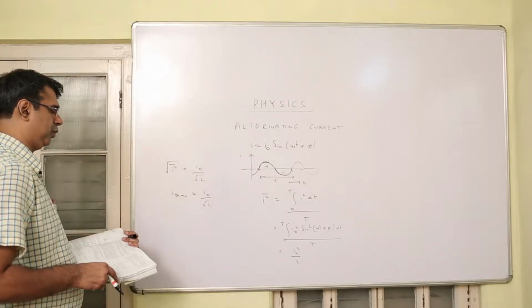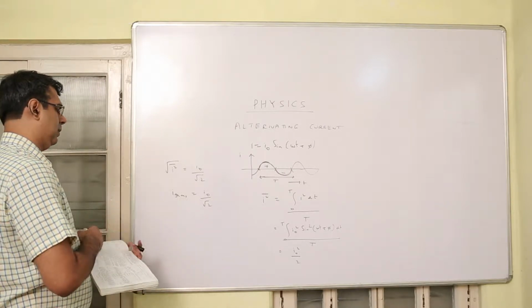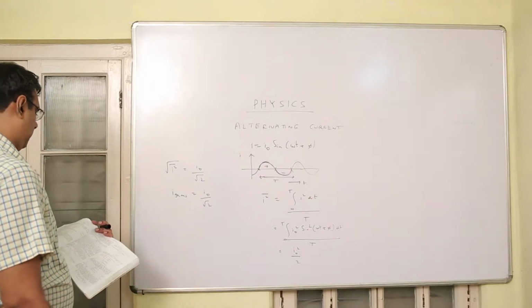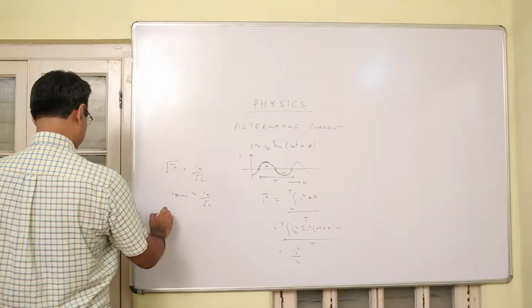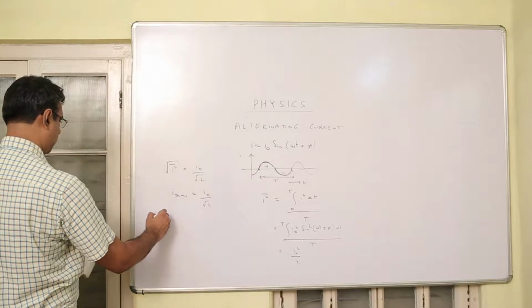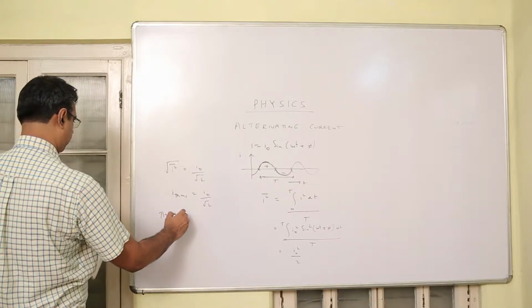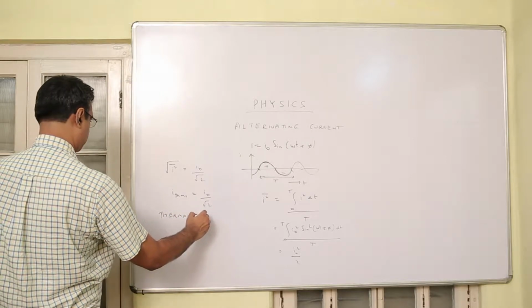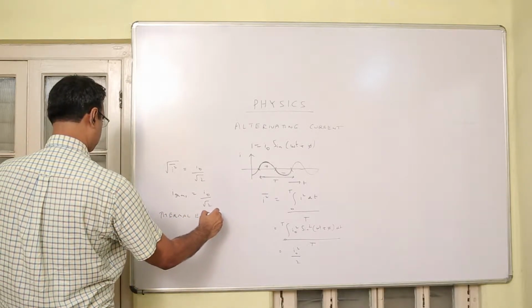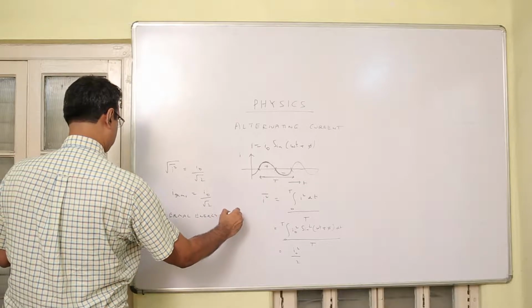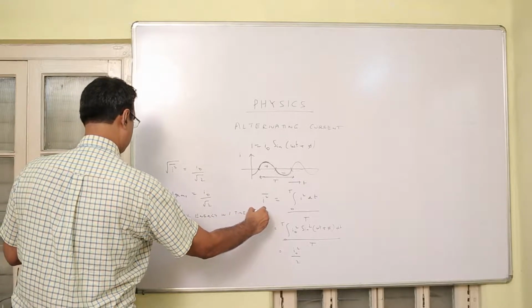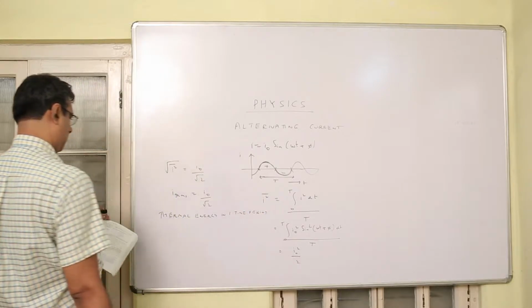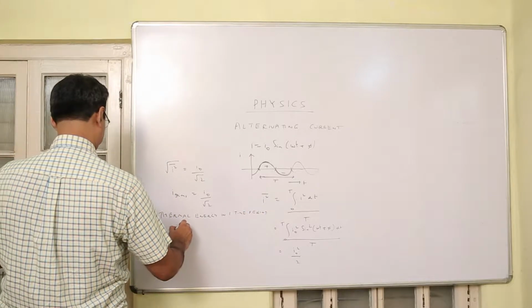But is it a useful entity? Can we use IRMS in our calculations? Well, the answer is yes. Let's see how. Suppose we wish to find thermal energy in one time period.